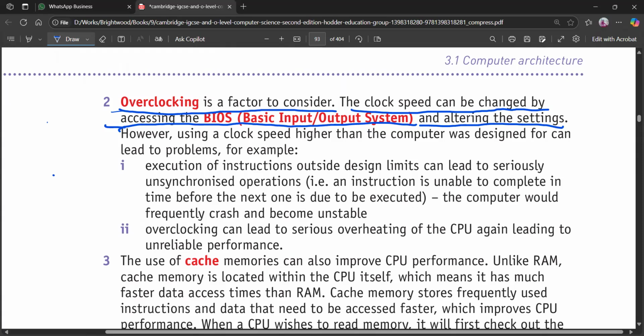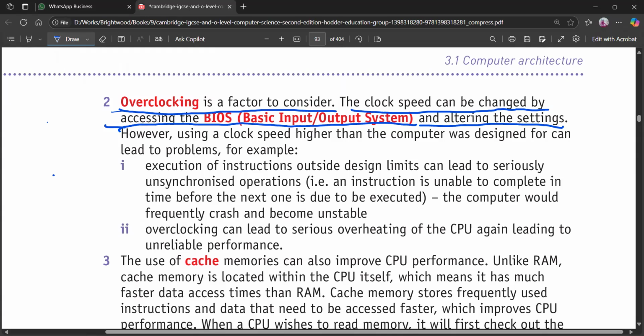However, using a clock speed higher than the computer was designed for leads to problems, for example in the execution of instructions. It executes instructions outside the limits, which can lead to seriously unsynchronized operations.